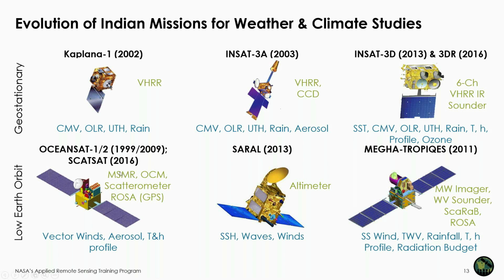Apart from this, for ocean and atmospheric studies, ISRO also launched in 2016 a Ku-band scatterometer, which provides the winds over the oceanic regions in a global manner. Similarly, along with the French space agency, ISRO, which is the Indian space agency, has launched an altimeter to study the ocean winds and the waves. And this satellite is known as SARAL, which was launched in 2013.